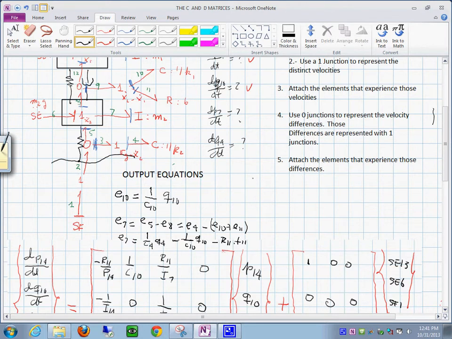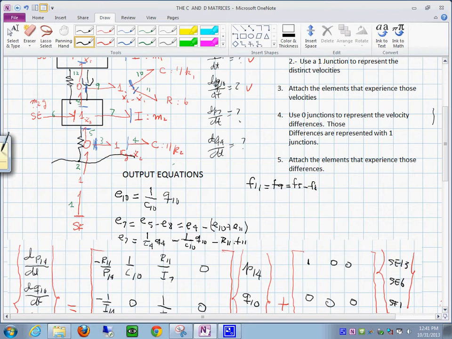Now, it turns out that F11 is the only one that we need to expand in here, that we don't know very well. So F11 is going to be F9, see? But F9 is going to be F5 minus F sub 8.